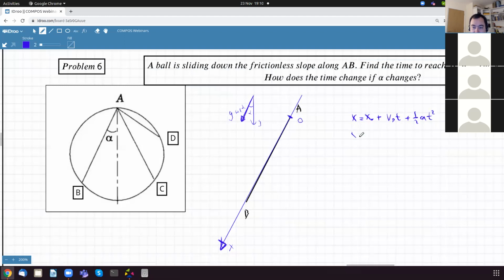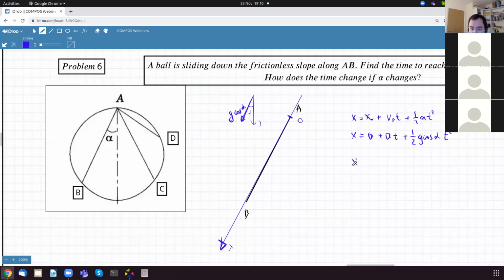So x is equal to x0, which is 0. The initial velocity is 0, t, plus 1/2. Acceleration along the x-axis is g cos alpha, t squared.